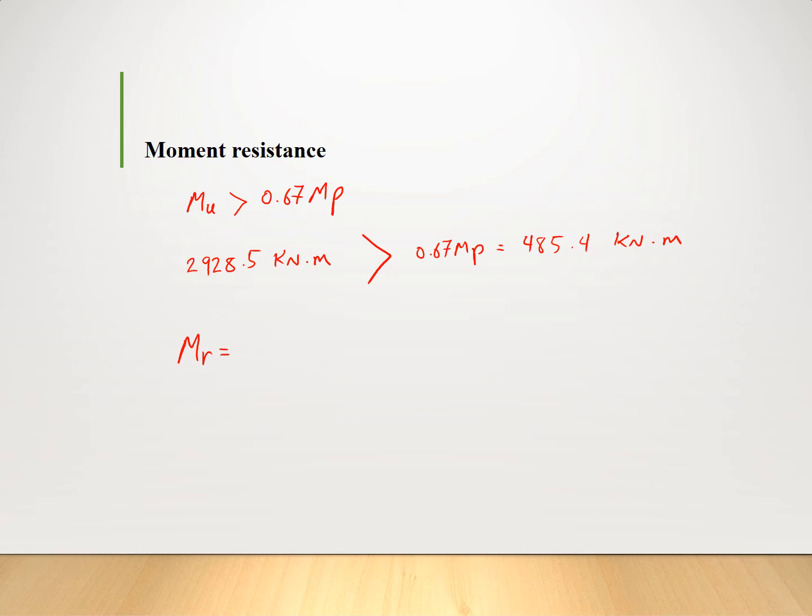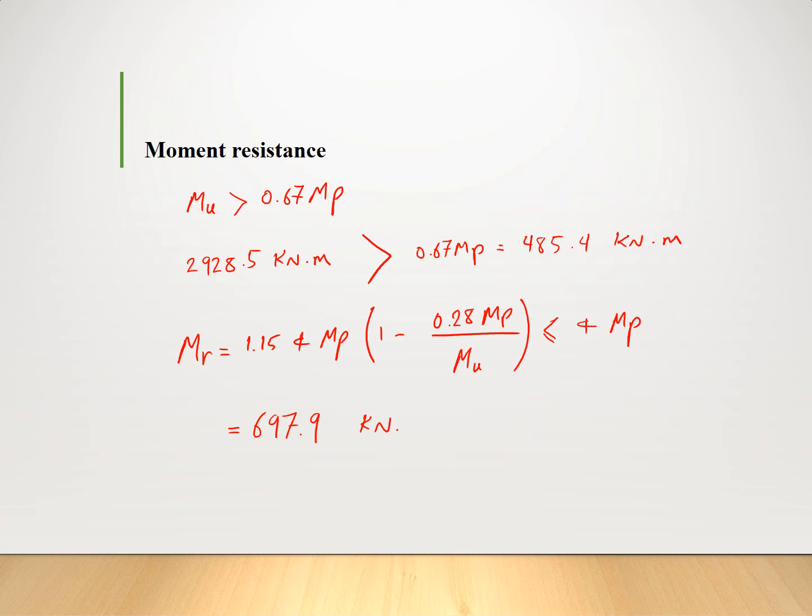So the resistance moment is calculated using this formula: 1.15 phi times Mp times (1 minus 0.28 Mp over Mu), lower or equal to phi Mp. Okay, so our resistance moment calculated here is 697.9 kilonewton times meter.